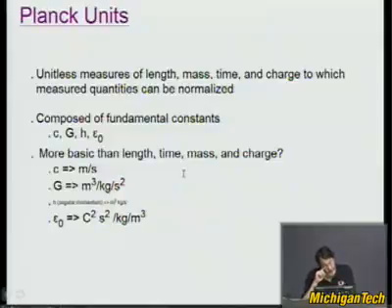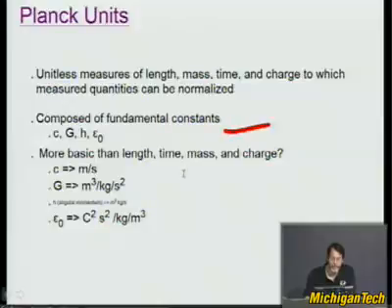Planck units. Okay, so before last lecture, we broke units up into seconds, meters, kilograms and charge, the 4 fundamental units. But in a way, it might be better to break things up into fundamental constants.